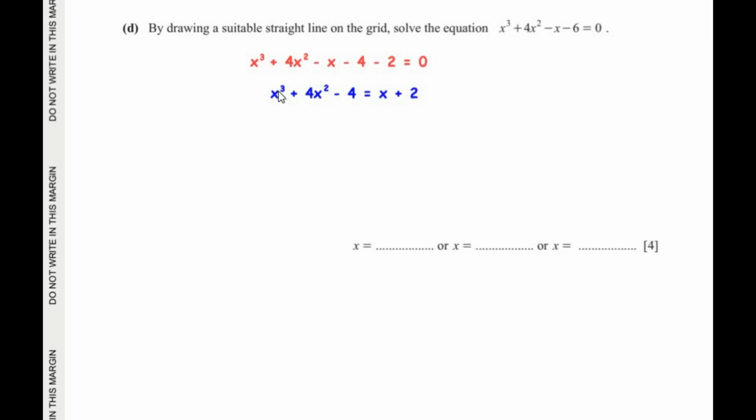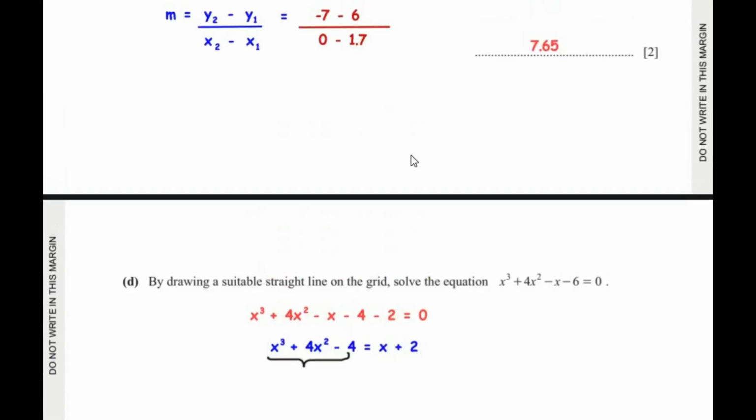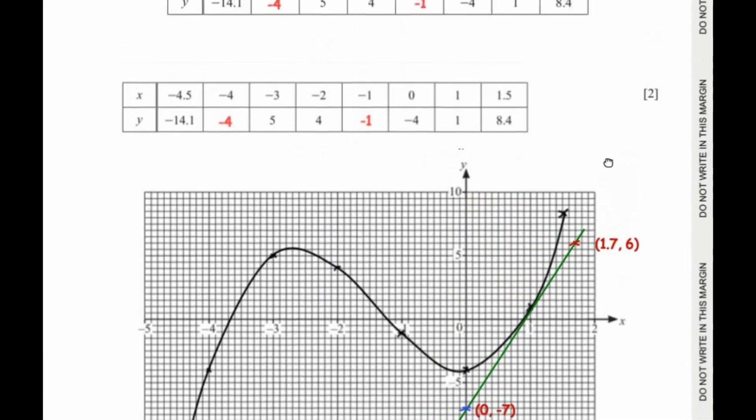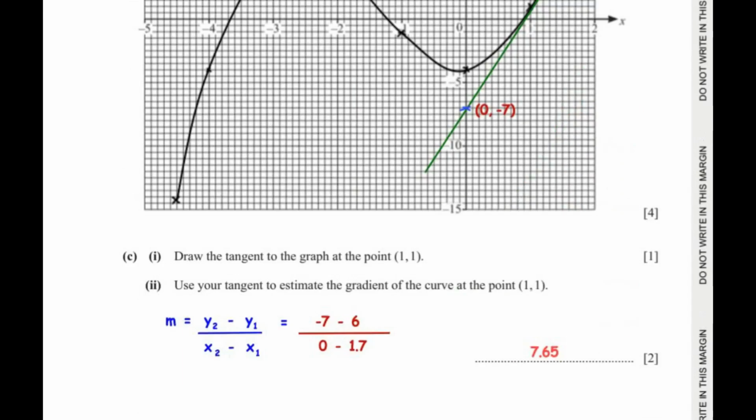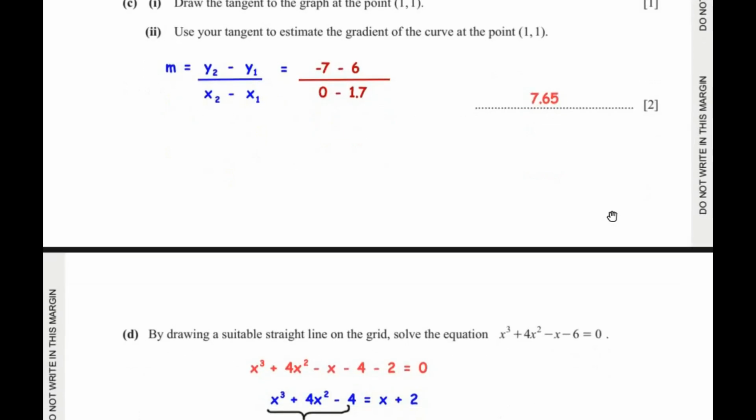So we get x cubed plus 4x squared -4 is equal to x plus 2. Now we did this because we know that x cubed plus 4x squared minus 4 is going to be y, as it was given in the question. So here we had been given the equation of y as x cubed plus 4x squared minus 4. That is why we split this -6 as -4 and -2.